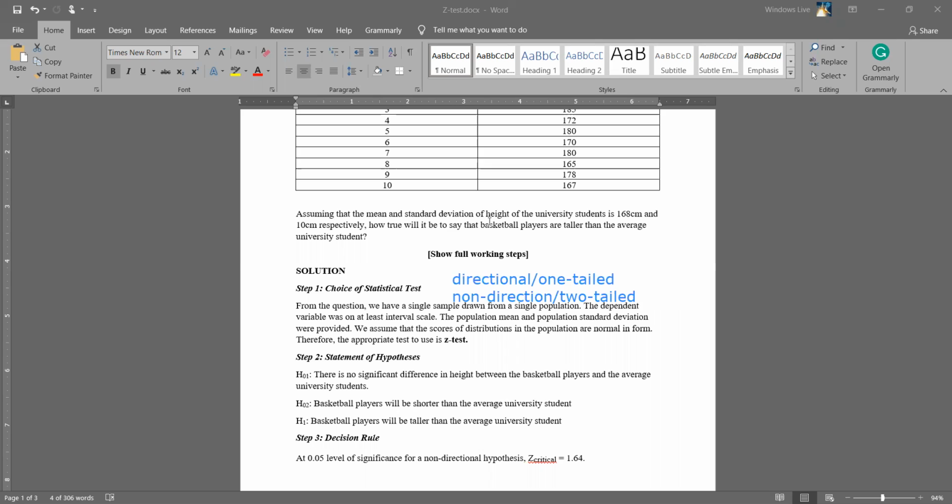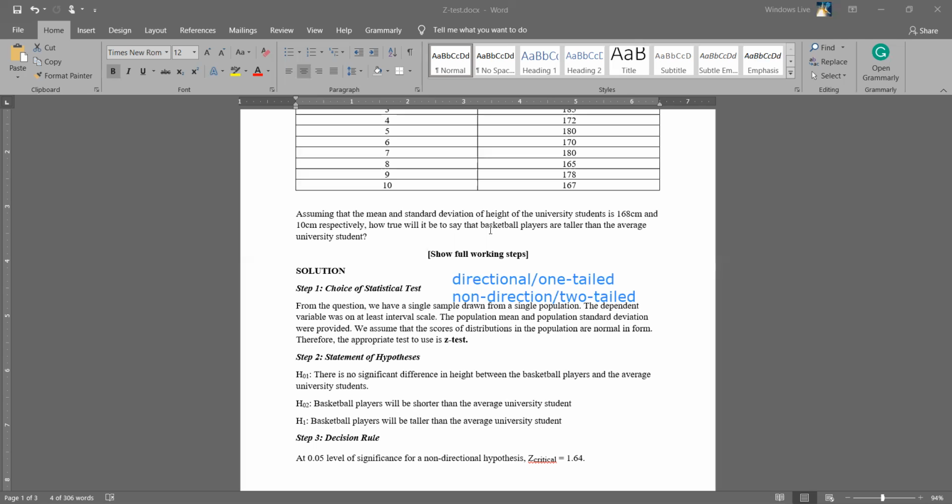So you could see that with this question, they indicated basketball players, which is the sample, is taller than the entire university student, which is the population. So they've indicated the direction they expect one of the groups to be. One should be taller than, or one should be shorter than. The moment you see that, that should signal to you that it's supposed to be directional.